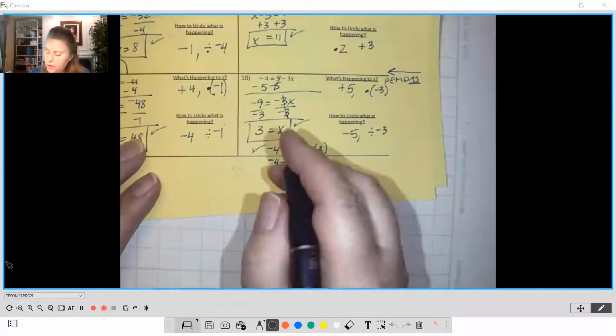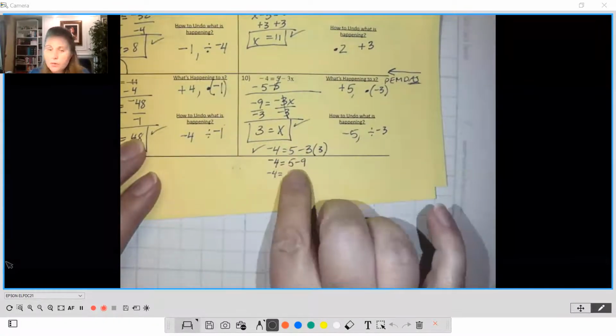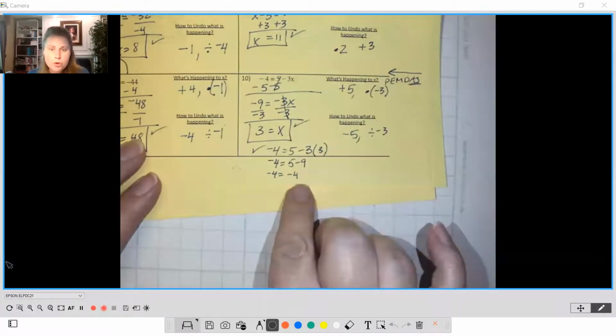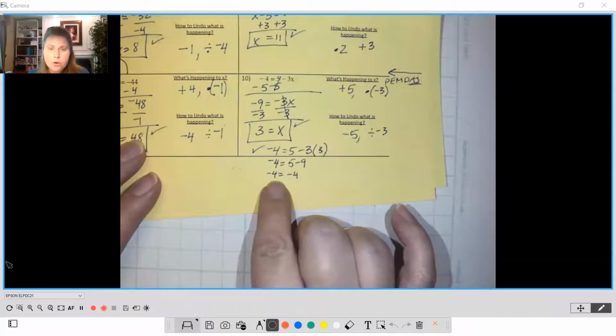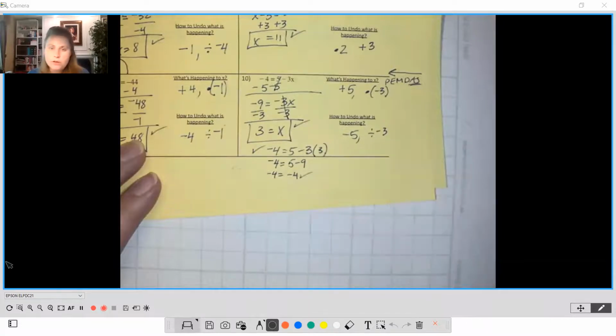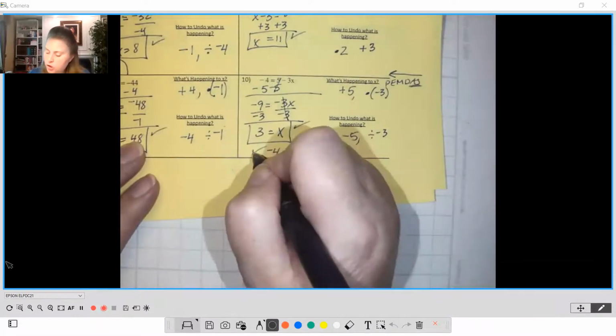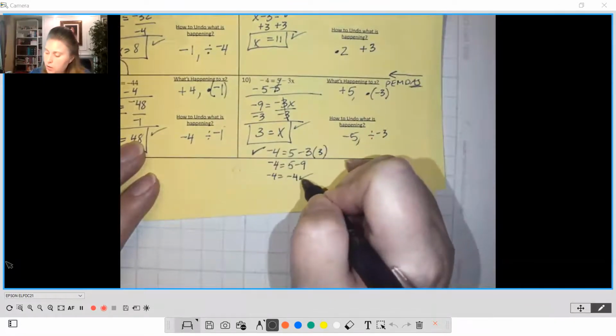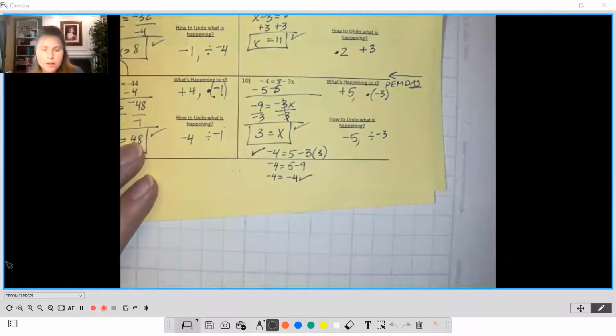Bring down the negative 4 equals, and then 5 minus 9 will be negative 4. Once you end up with a true statement at the end, negative 4 equals negative 4, you know you've solved it correctly. So this check mark signifies to me where you started your check step, and this check mark signifies where you finished your check step.